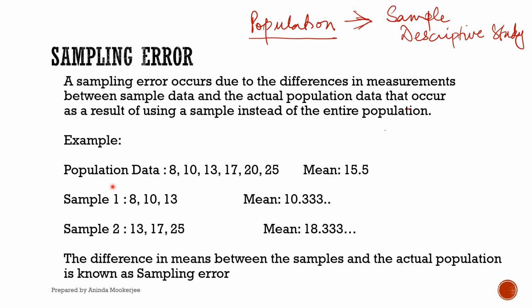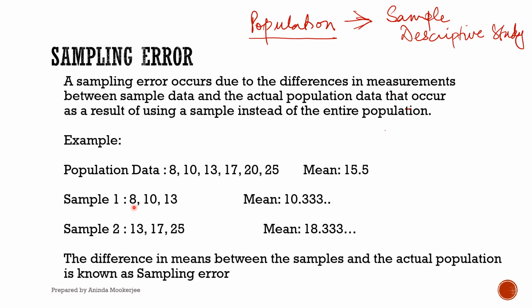So here, as a simple example, we have population data. We have 6 values for the population: 8, 10, 13, 17, 20, and 25. If we found the average of these values, which represent the entire population, we got a mean of 15.5. Now, if we drew samples of size 3 from this population data, the first sample is 8, 10, and 13, right?